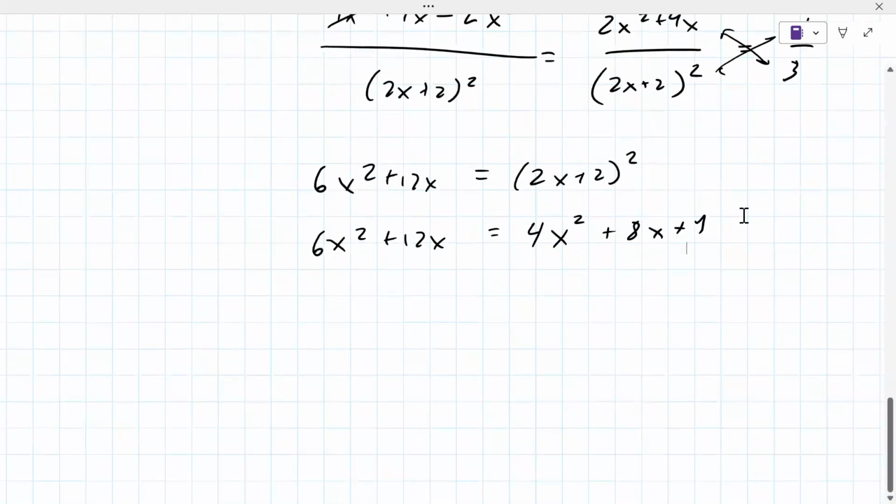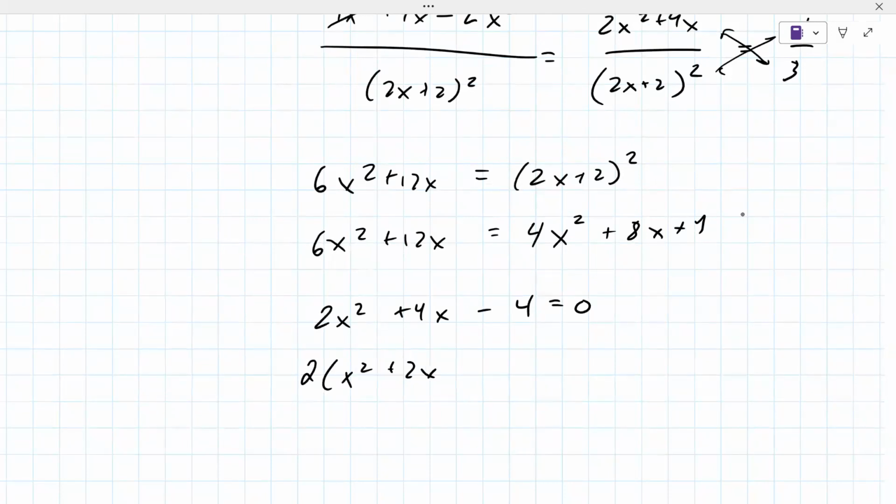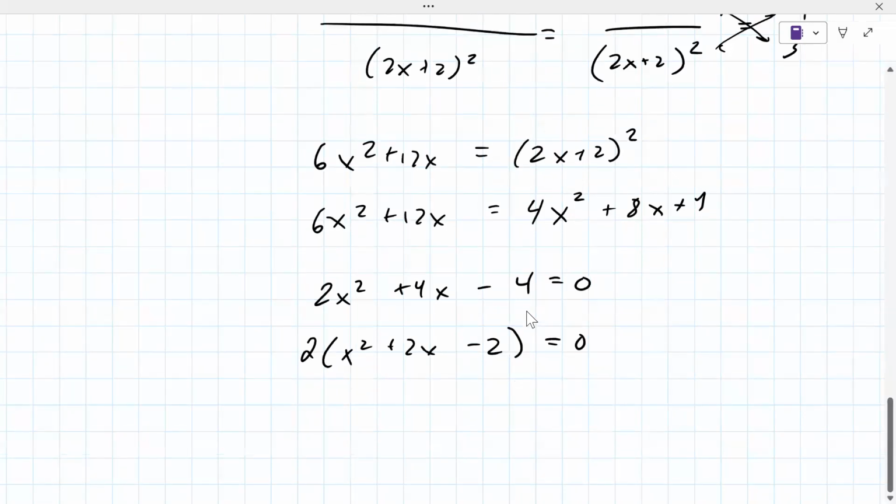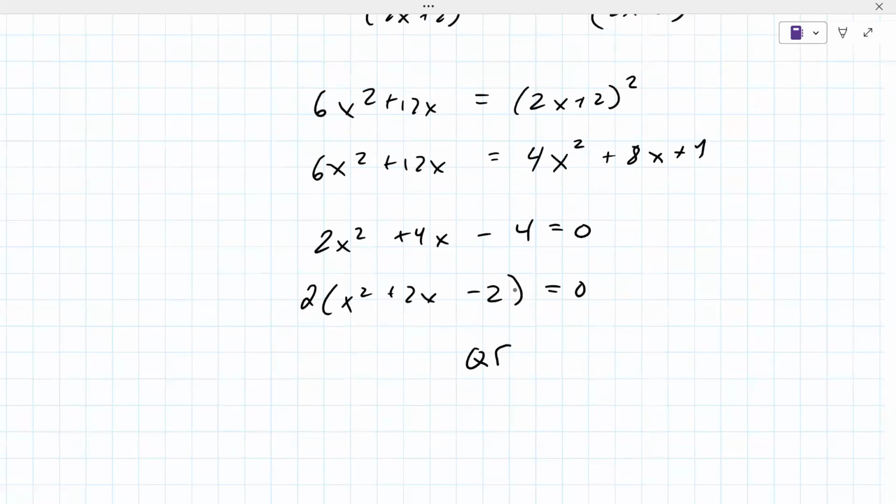Especially if you're going to take more math. If you're not, then you'll be okay. Minus 4 equals 0. So moving stuff around and factor out a 2. And so this has to be solved using the quadratic formula. Unfortunately, you end up getting -1 plus or minus the square root of 3 when you solve it using that.